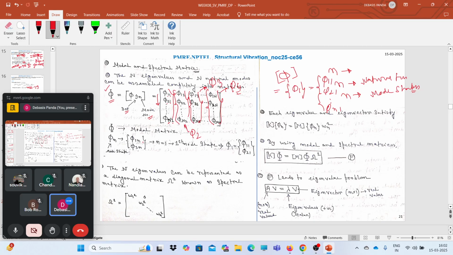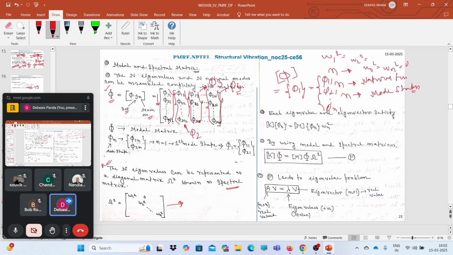Okay. Now again, for the n eigenvalues, if we rearrange them in one matrix, like we have omega 1 square value, we have omega 2 square value, we have omega 3 square value. If we have an n degree of freedom system, we have omega n square value also. So if we rearrange them in a matrix, we call it the spectral matrix.